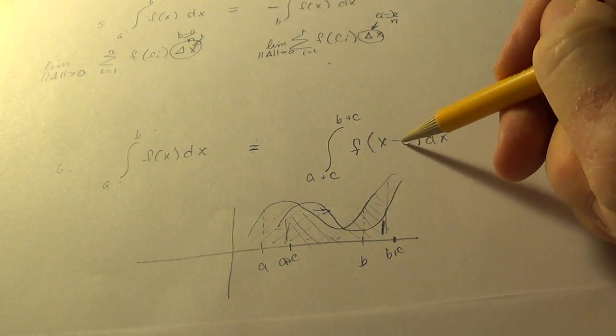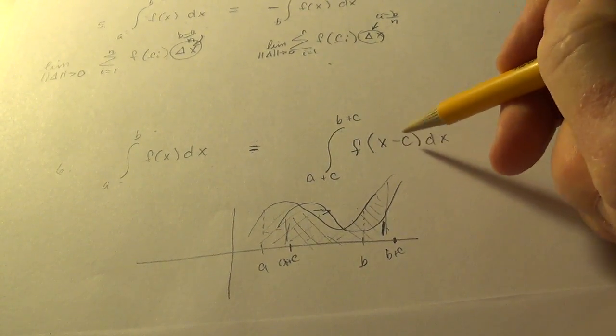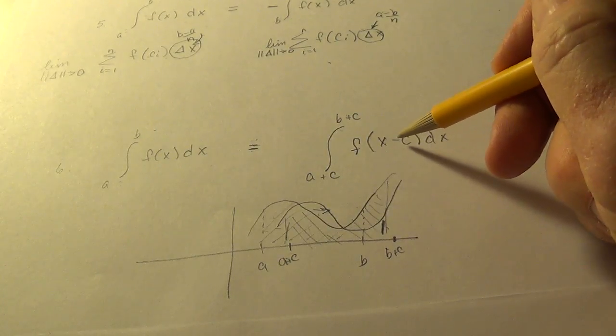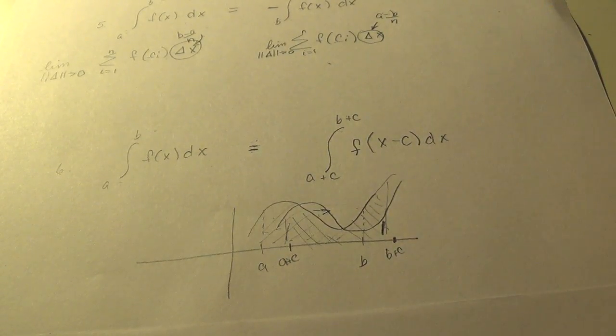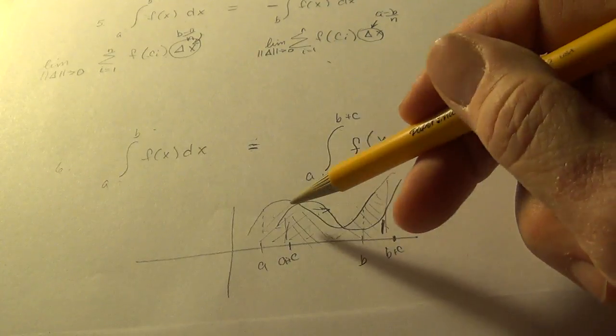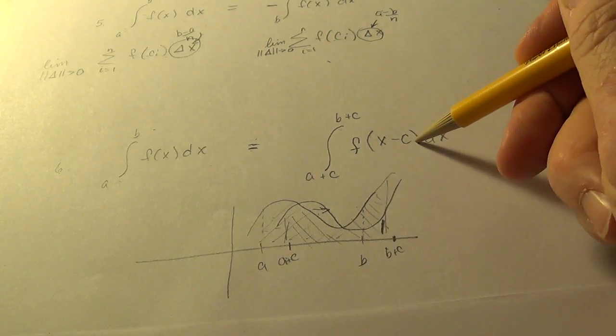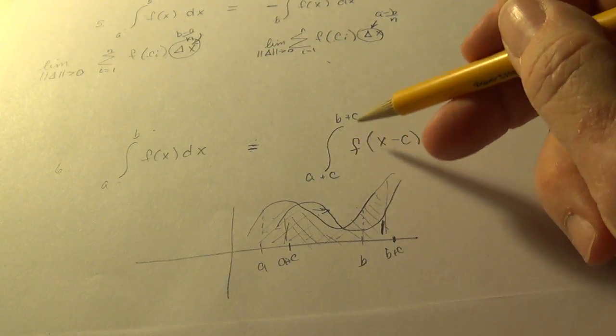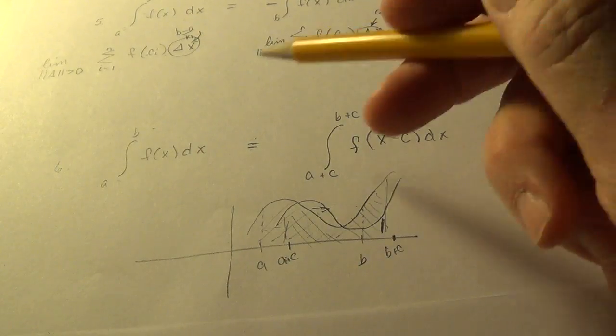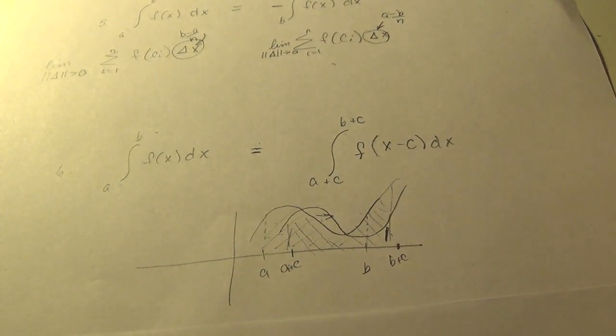Remember, when the change hugs the x inside the argument, it creates a negative value, creates a slide to the right. So if I move the whole original graph to the right c, then I'll still have the same area under the curve as I did in the beginning.